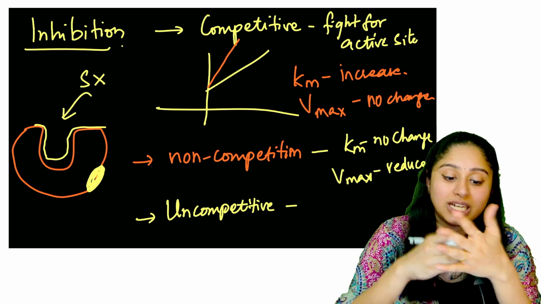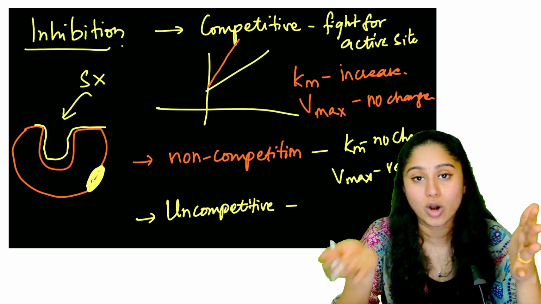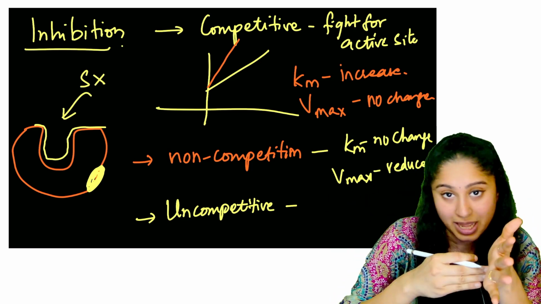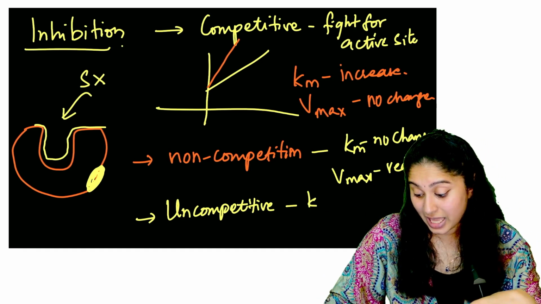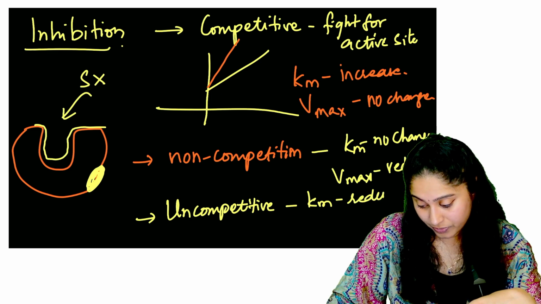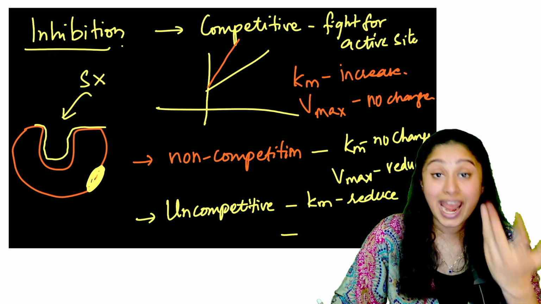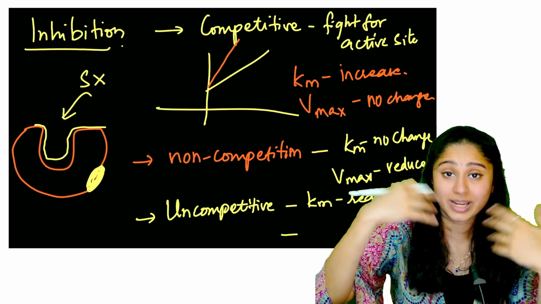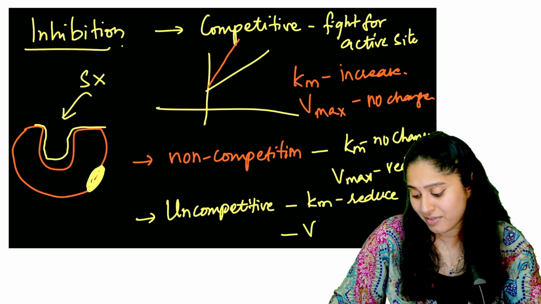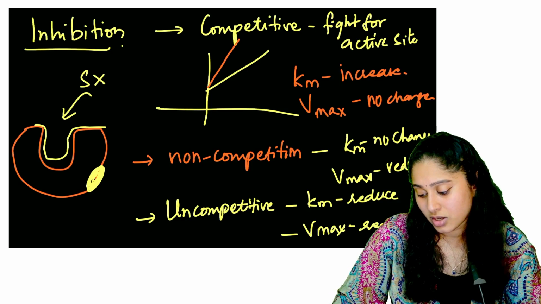Of course, my active site is already locked, so I cannot add more substrates to join my enzyme. So my Km value will reduce, affinity has reduced, and now this complex is locked, so the reaction also will not take place, so my Vmax also will be reduced.